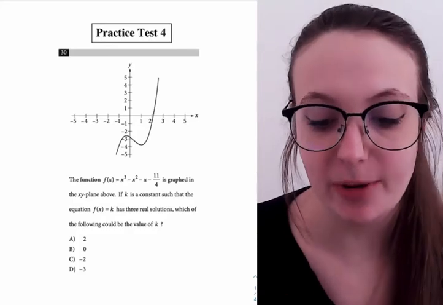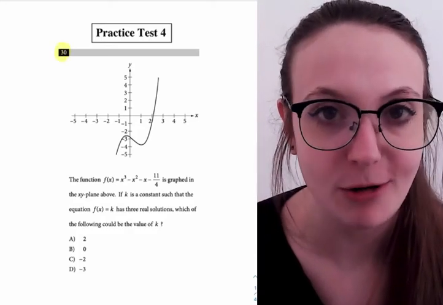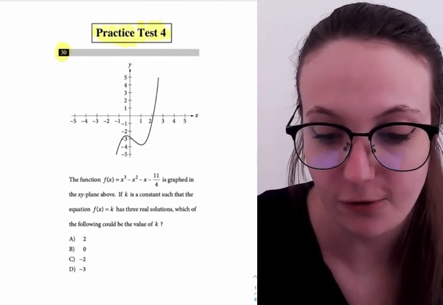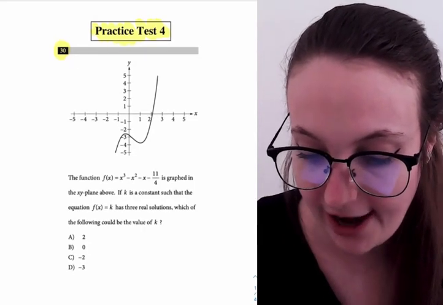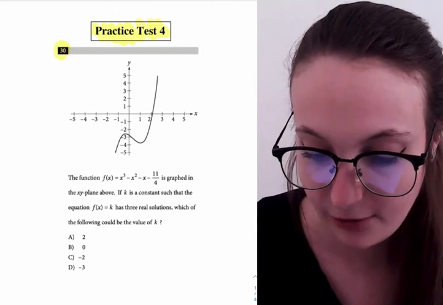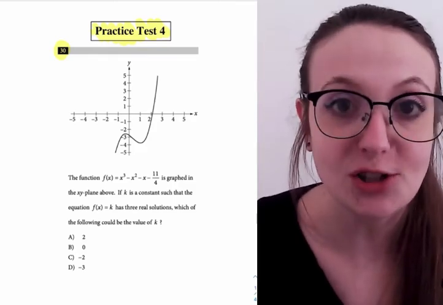So today we're going to be looking at question 30, which is supposed to be the hardest multiple choice question, and this is pulled from practice test 4. All right, so let's first read the question. The function f of x equals x cubed minus x squared minus x minus 11 over 4 is graphed above in the xy plane. All right, so you know what's awesome?